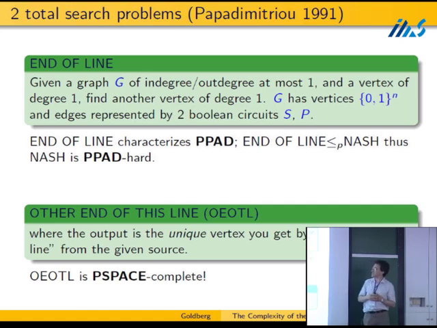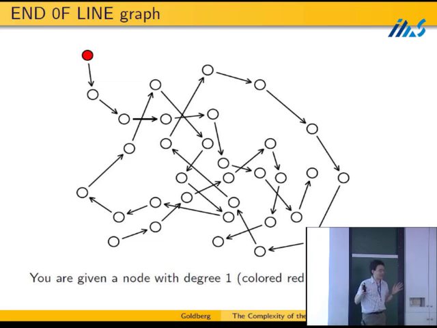It says that we start out with a large graph represented by two circuits. It's an exponentially large graph, represented by two circuits that allow you to perform local navigation on this graph, looking for endpoints. It's a graph which has degree 2, and maybe I will skip to my diagrams, which are a little nicer to look at. The graph looks something like this.